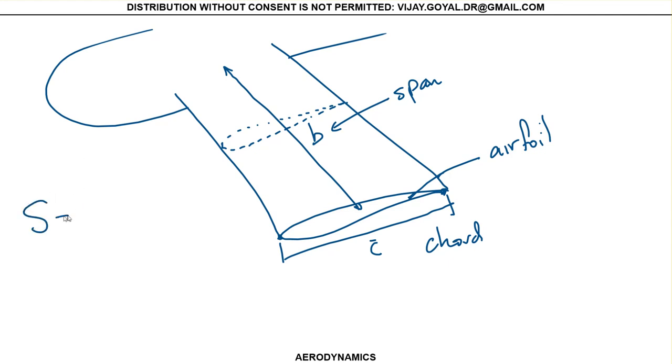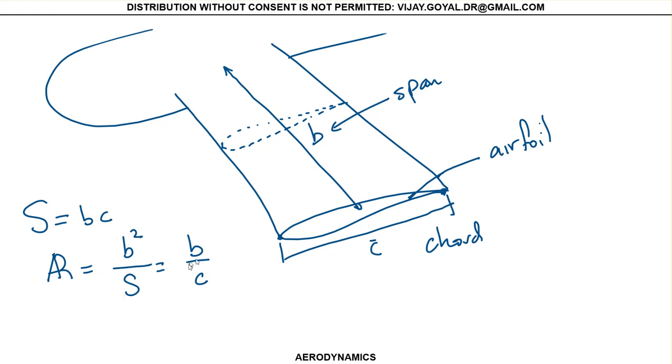Wing area is nothing else than B times C in a rough sense. Another quantity that we use a lot is the aspect ratio. The aspect ratio is given by AR, and it's nothing else than my total span squared divided by my wing area, or B over C, because this is BC and the B's cancel out, you get this.